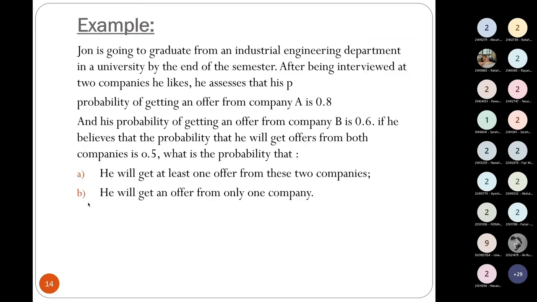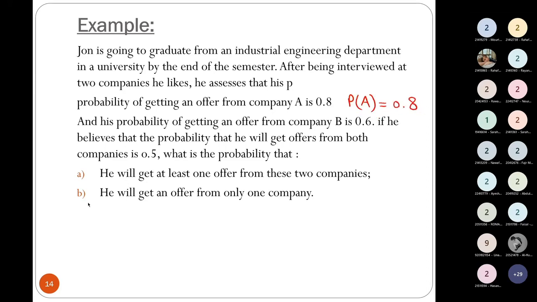Okay, another example. John is going to graduate from the industrial engineering department in a university by the end of the semester. After interviewing at the two companies A and B, he estimates that the probability of getting an offer from company A is 0.8. So the probability of A equals 0.8.